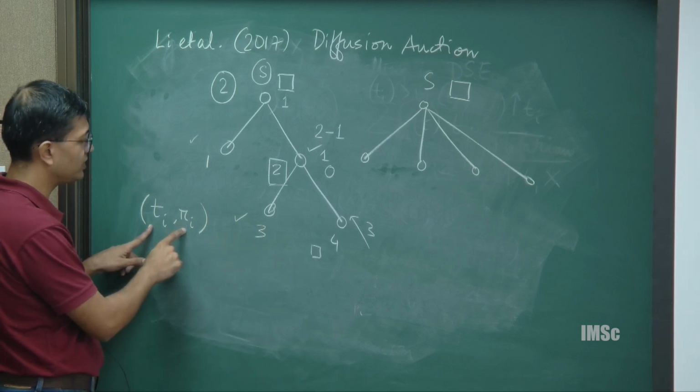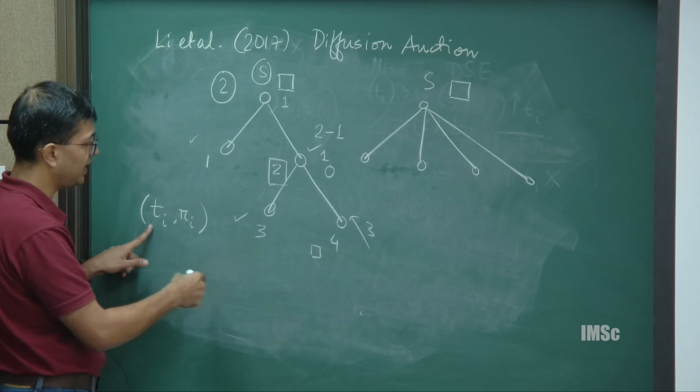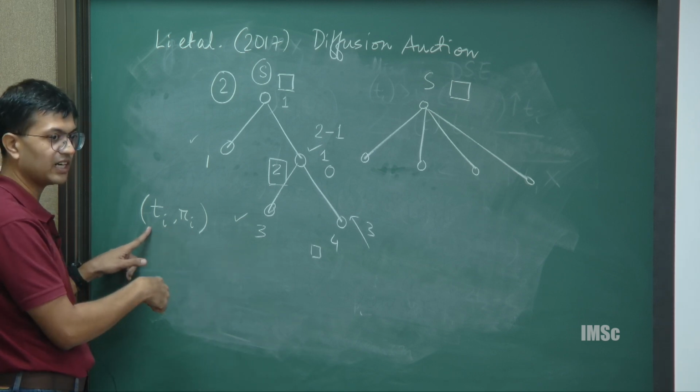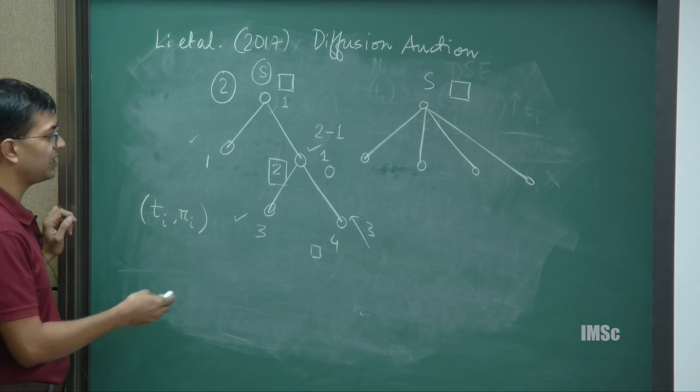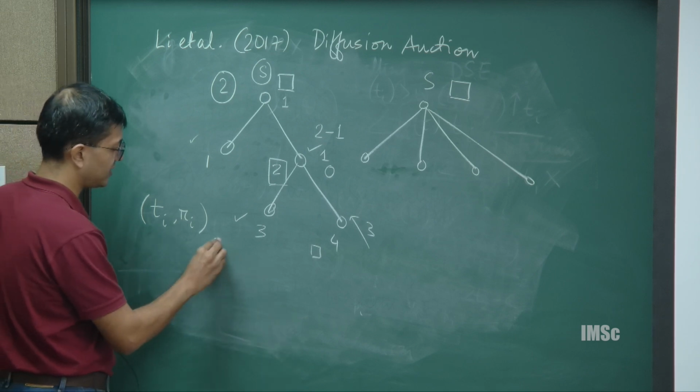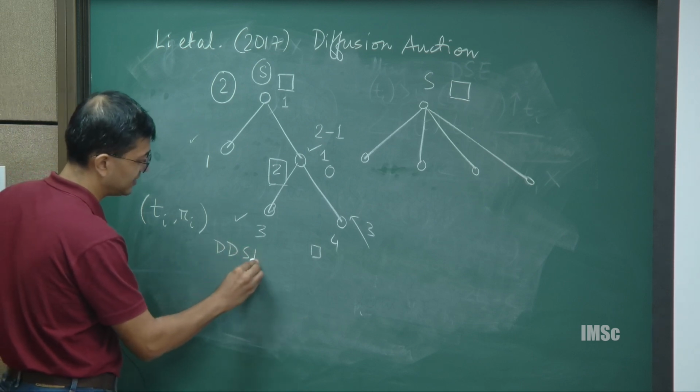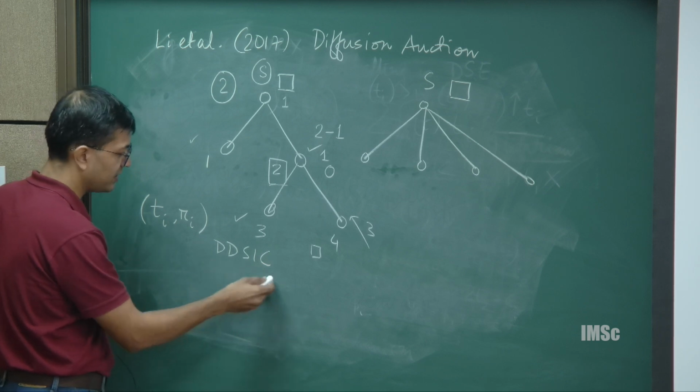You will also now have to say that if your true neighbor set is Ri, you should not be reporting anything smaller than Ri. So you will be propagating everything, and under that condition the necessary and sufficient condition, we call it DDSIC, diffusion dominant strategy incentive compatibility.